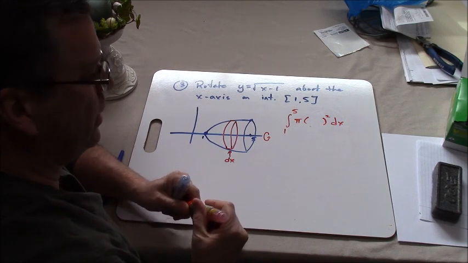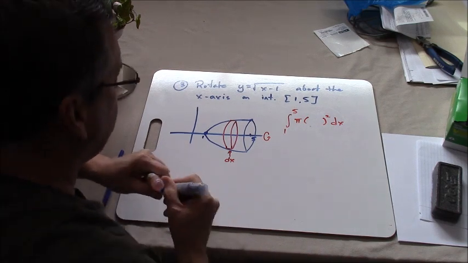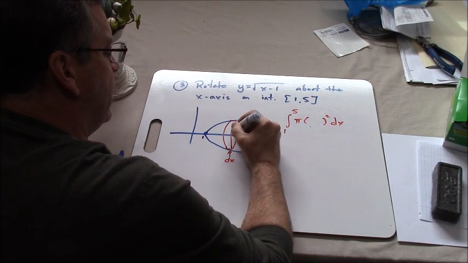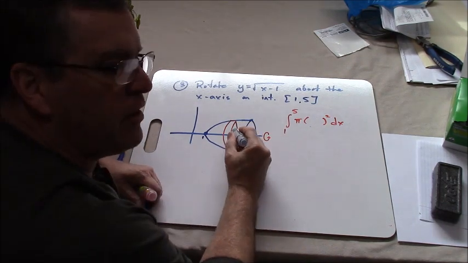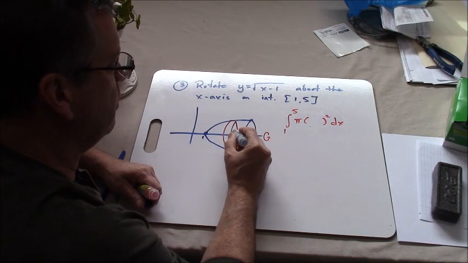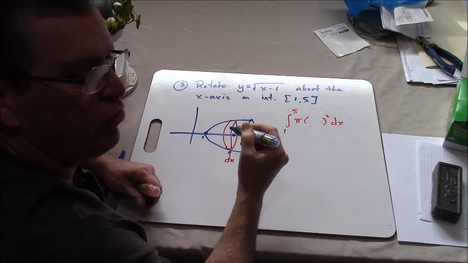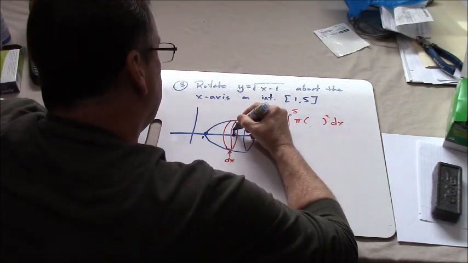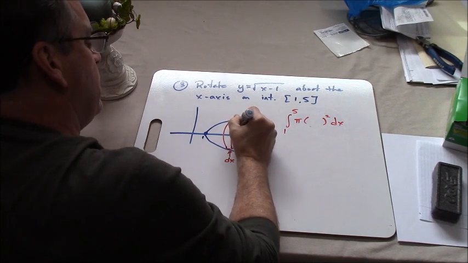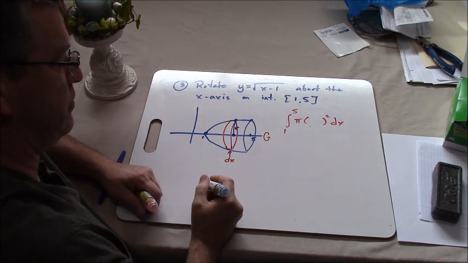Now, when we think of the radius, we have to think of the radius as going from the axis of rotation, whatever you're rotating around, up to the original curve. So up to a point right here. That's going to be the radius.